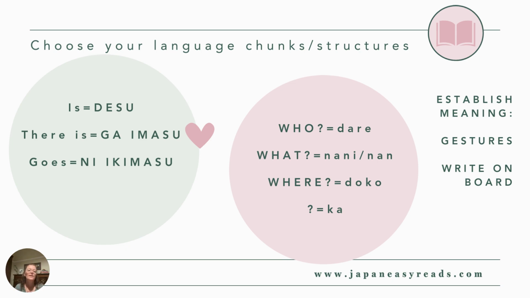For the 3 super 7 verbs, des, ga imasu, and ni ikimasu. So we establish meaning of those. I would write these like this on the board with the Romaji pronunciation and the English translation. So in doing that, rather than using script, for the oral input, when we're doing all the communicating and oral work, I want the students to be able to process as quickly as possible.